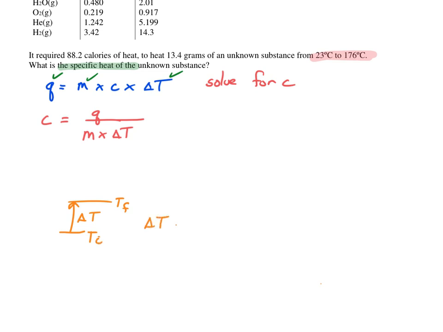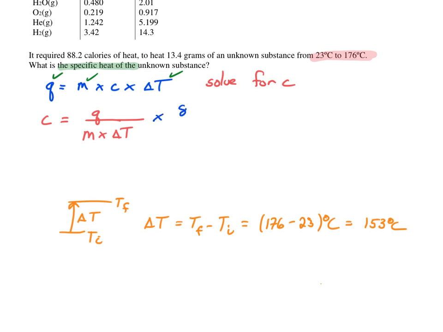We can calculate delta T as Tf minus Ti, which is going to be 176 minus 23 degrees C, and that will be 153 degrees C. So now we're set to plug and chug.